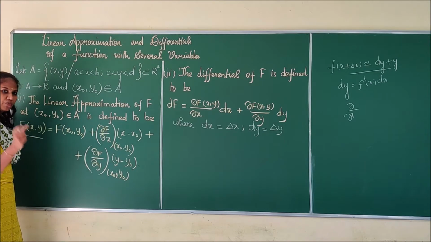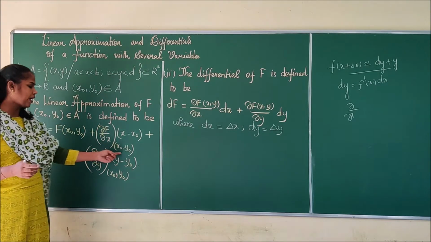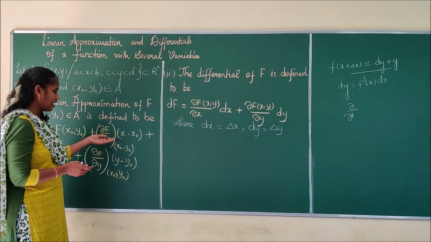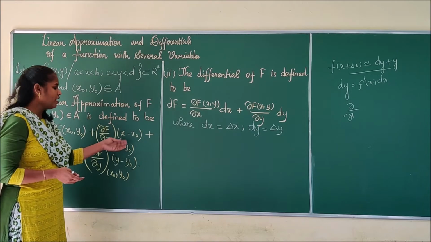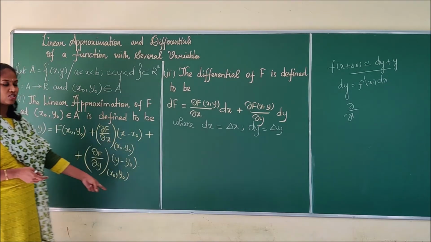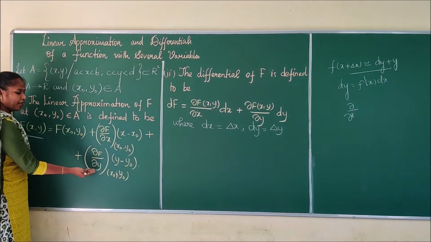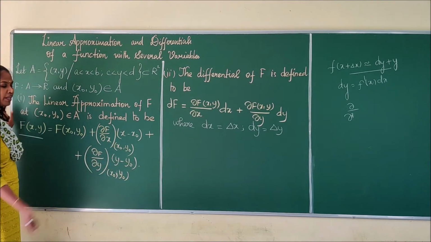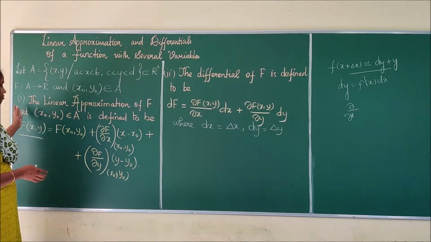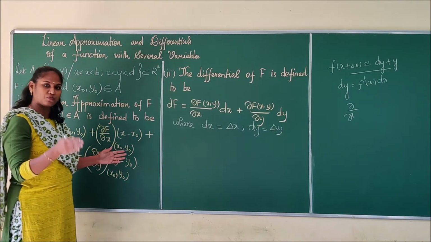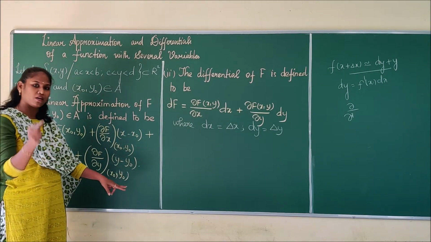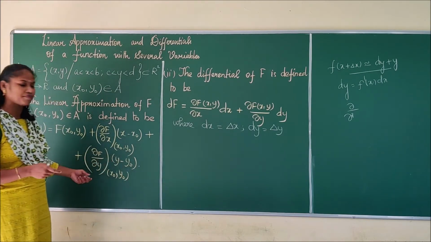So we differentiate partially with respect to x, and substitute the given point x naught comma y naught in that function, and then substitute it here. Then plus dou f by dou y at (x naught, y naught) into y minus y naught. Here we differentiate the given function partially with respect to y, substitute the point (x naught, y naught) in that function, and then substitute it here.